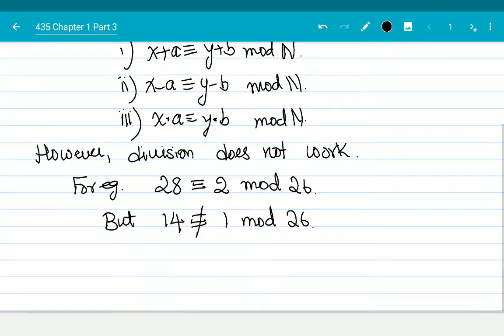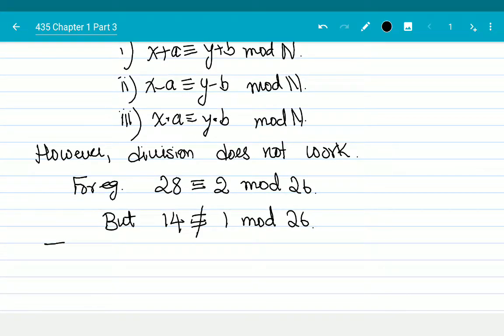Okay, so let me introduce some notation. By Zn, we will be writing the set 0, 1, all the way up to n minus 1.